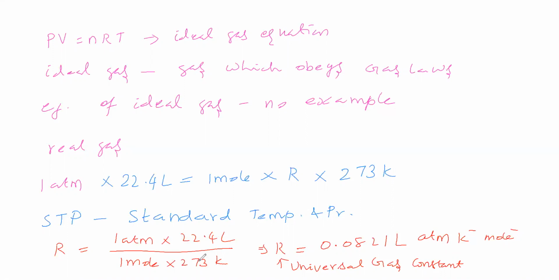The work done unit is joule in SI system. So convert liter atmosphere into joule, then you will get it in SI system. 1 liter atmosphere is roughly 101 joule. We will substitute this there and get the R value.